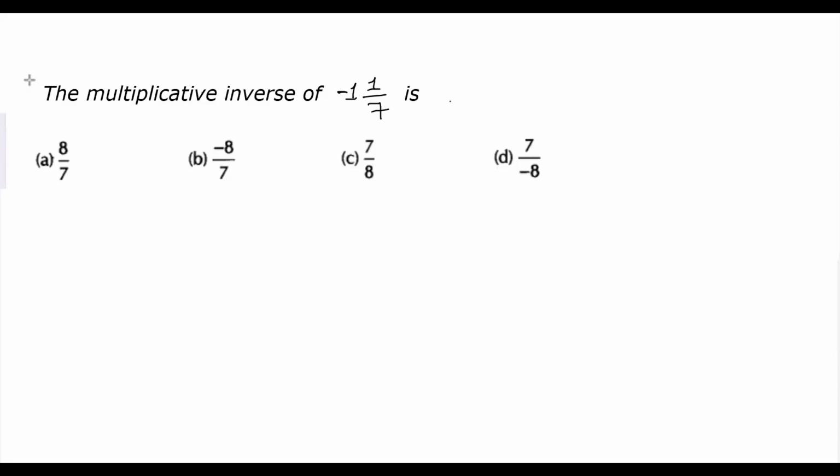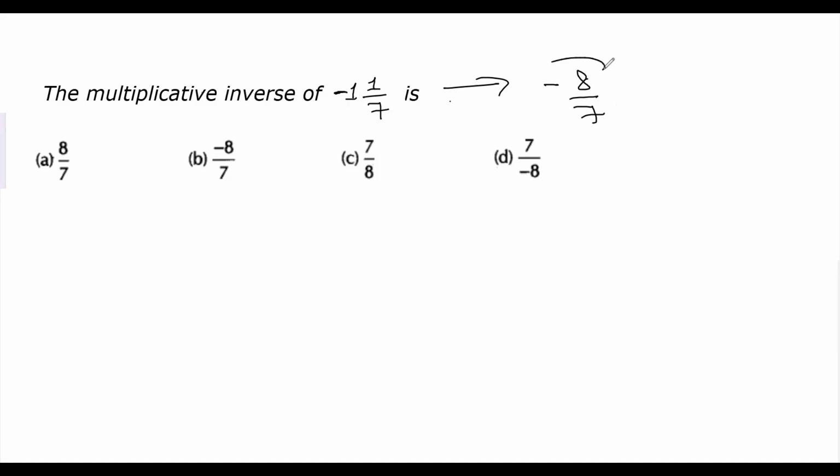The next question says the multiplicative inverse of minus 1 over 7 is. Now what we need to do here is first convert this into an improper fraction. This is a mixed fraction. Keeping the minus sign outside, 7 into 1 is 7, 7 plus 1 is 8. So it's 8 over 7. Make sure you do not consider the sign over here; the sign is outside and should be taken.